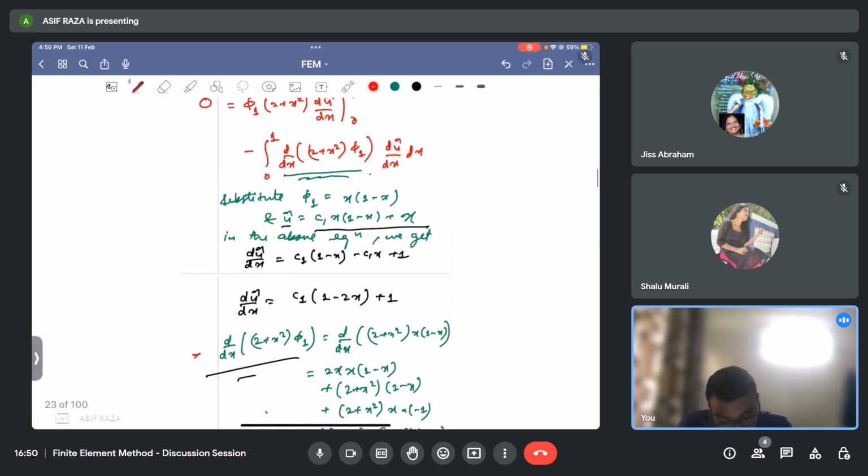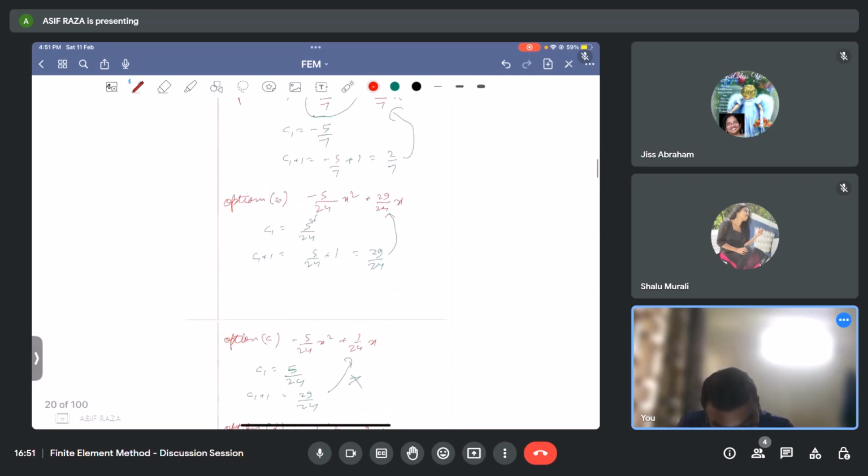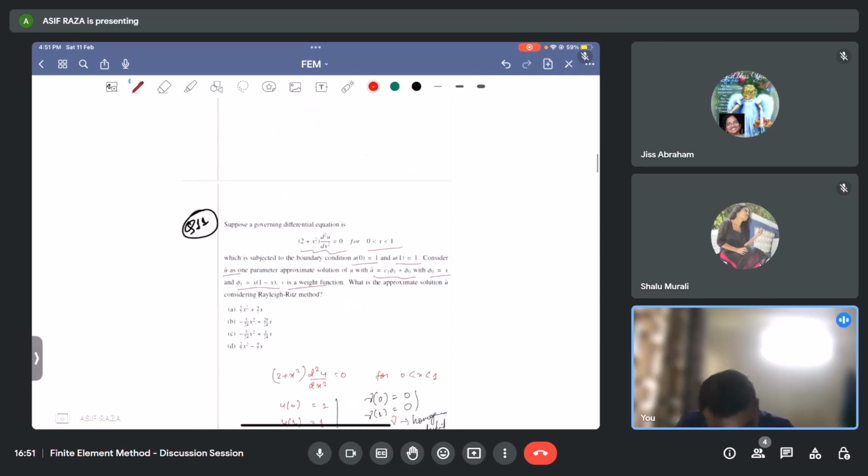is 2 plus x square phi1, d by dx, equal to x times 1 minus x. I've taken phi1 correctly, right? X times 1 minus x, yes.